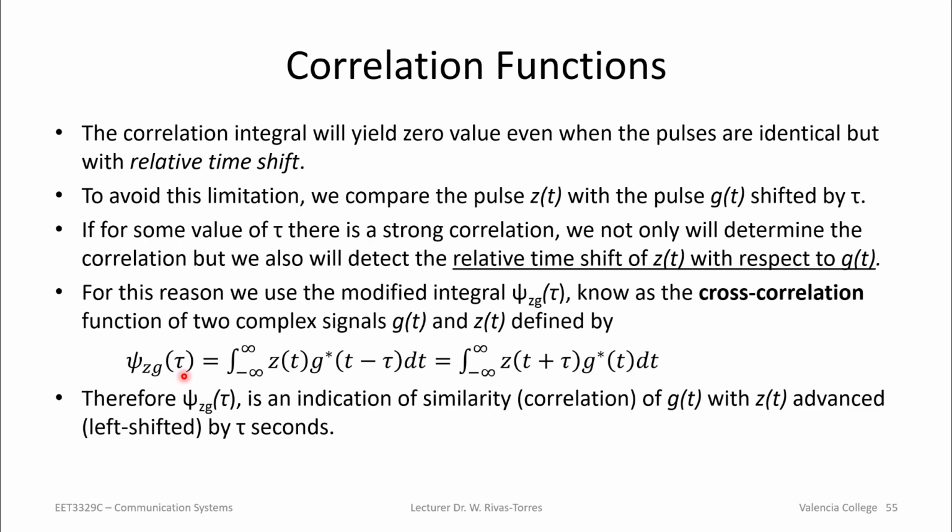By doing that, you can figure out what the delay is, and that's how they calculate these cross correlations. You start moving tau through different values, sliding the function, and when psi becomes a peak, you identify that peak and say this is how much the delay is, and then you can figure out how correlated the two signals are.